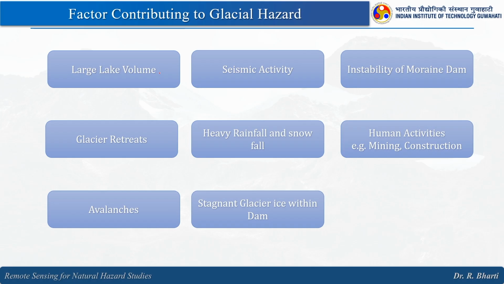The first one is the lake volume, then seismic activities, instability of moraine dams, glacial retreat, heavy rainfall or snowfall, human activities like mining, construction, road and bridge construction, avalanches and stagnant glacier ice within dams, right.